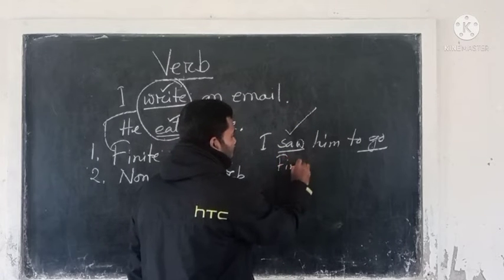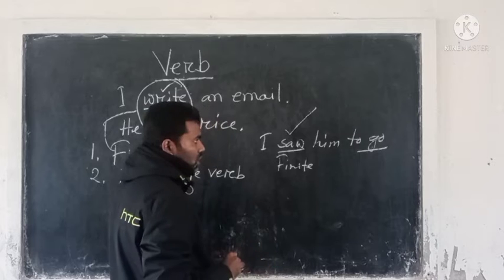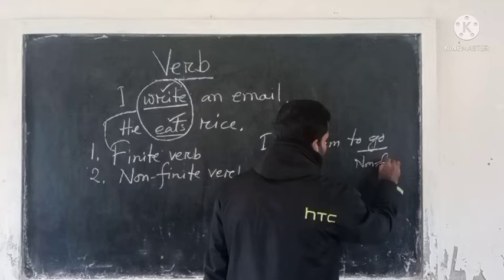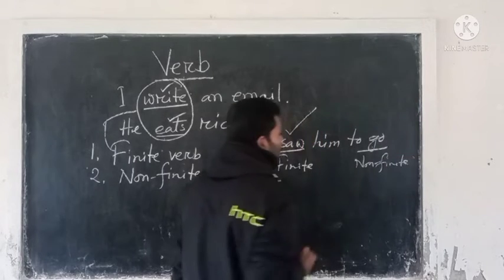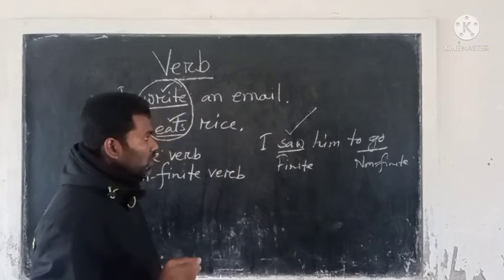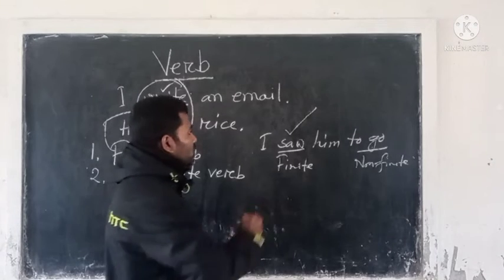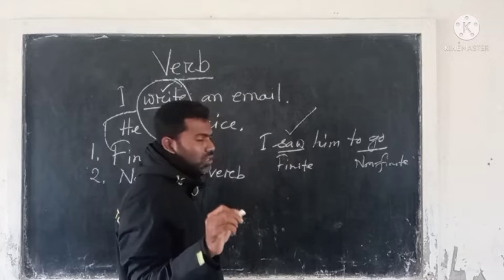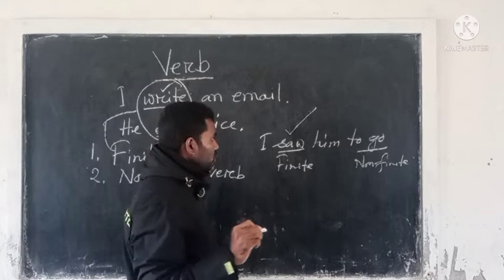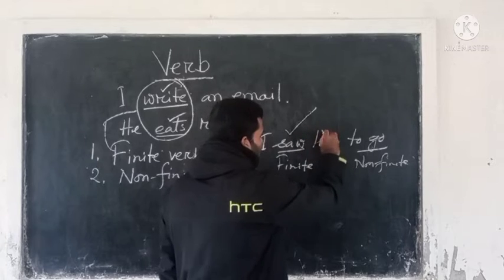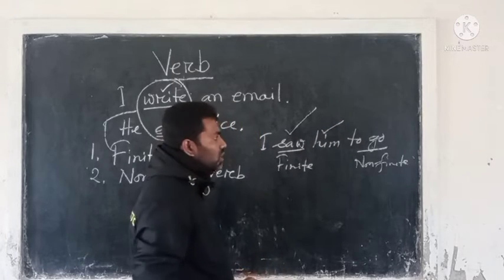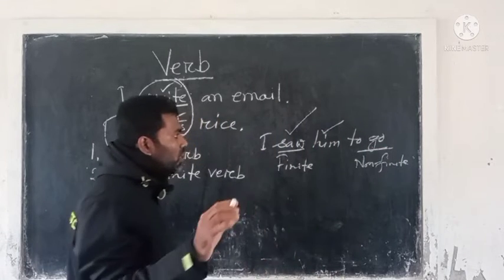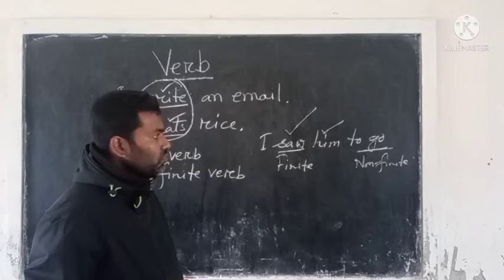Saw is a finite verb, and to go is a non-finite verb. That means the verb saw finishes the activity of seeing him, but this verb go does not finish the activity.